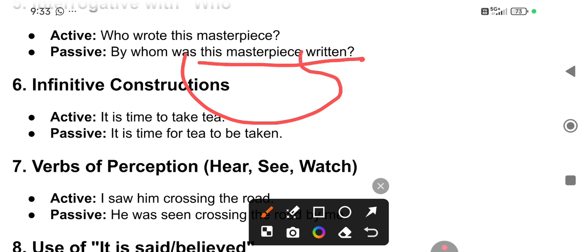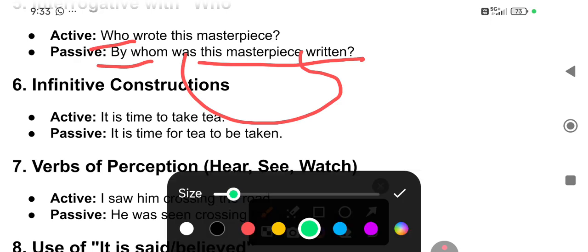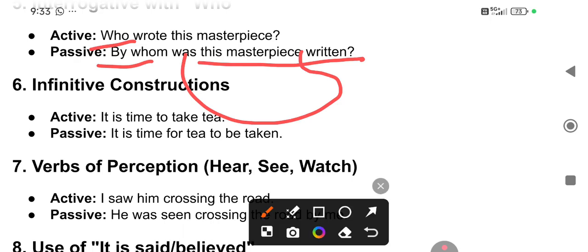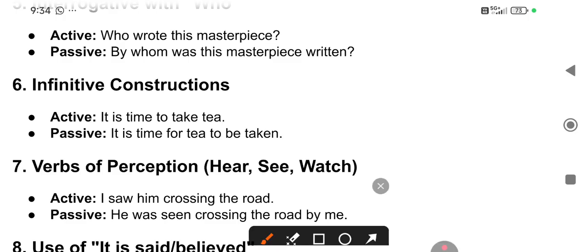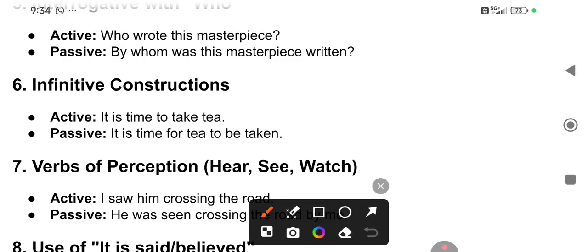Then when you convert who into by whom, bring this was. I told you this masterpiece was written. This was somewhere here, so you just bring was after by whom. Because of the question format, you must have understood how to frame a question. So question: WH words, right?